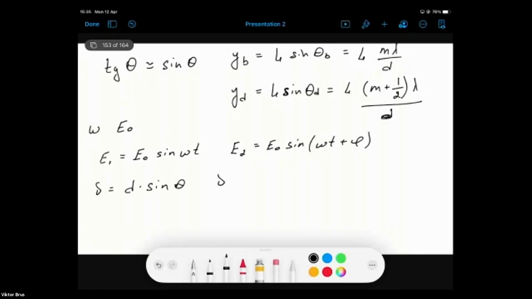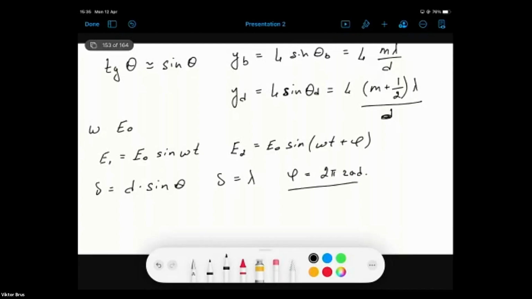And if this delta is equal to 1 lambda, like if delta is equal to the wavelength, then phi is equal to 2 pi radians. So what does it mean? If delta is equal exactly to 1 wavelength, then we will have constructive interference, and the phase shift is equal to 2 pi.